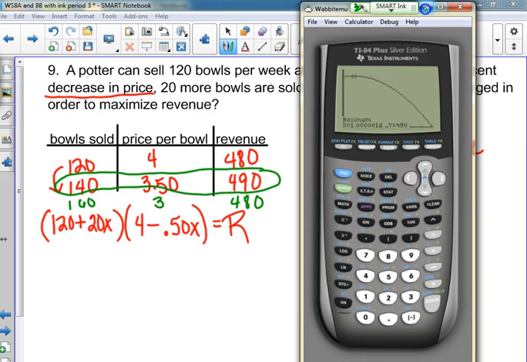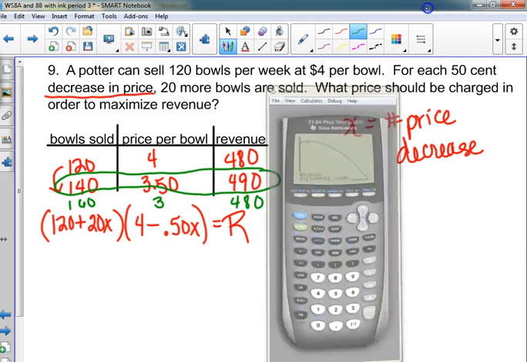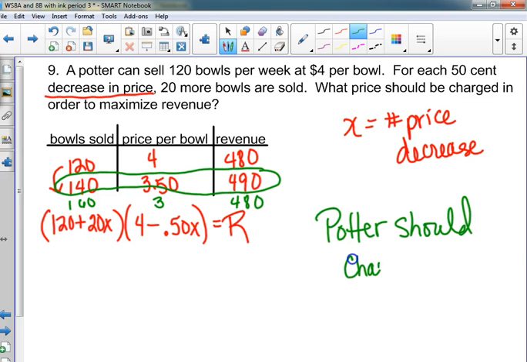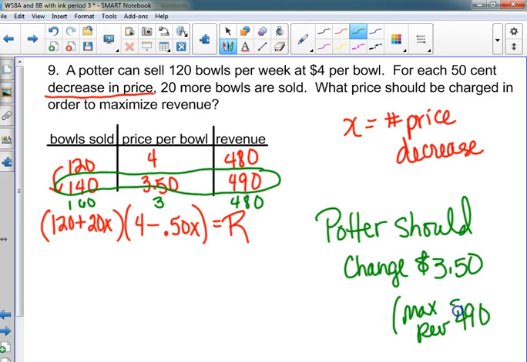Okay, so the question was, what price should be charged in order to maximize revenue? $3? Yes, $3.50. And then max revenue would be, you don't need to state that, but max revenue would be $490.